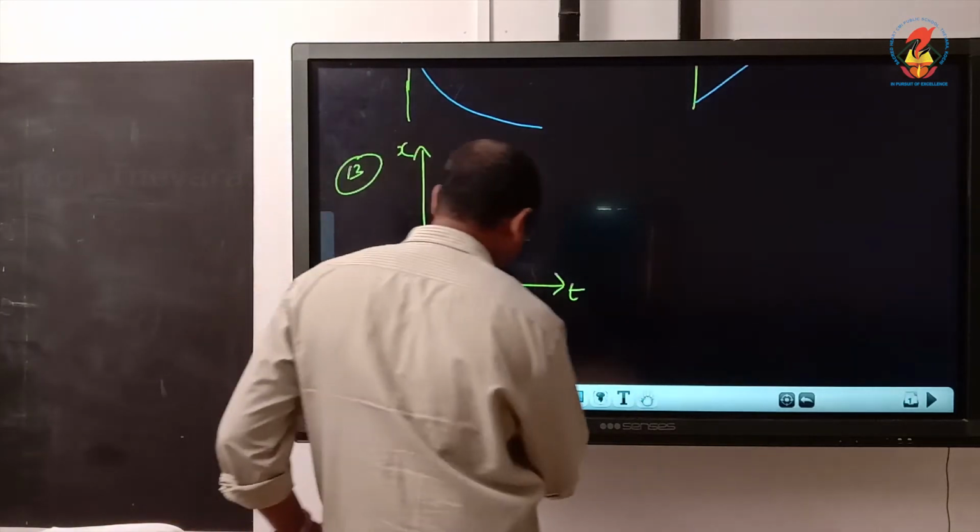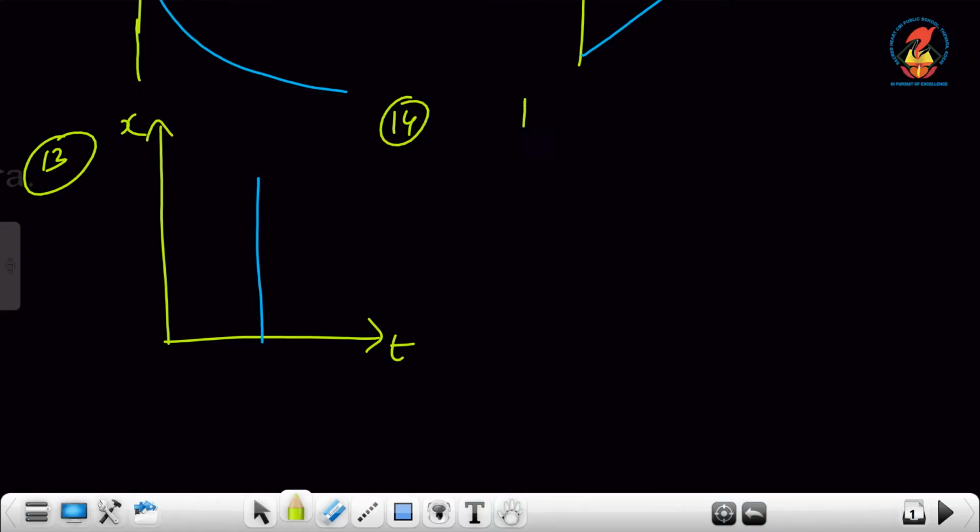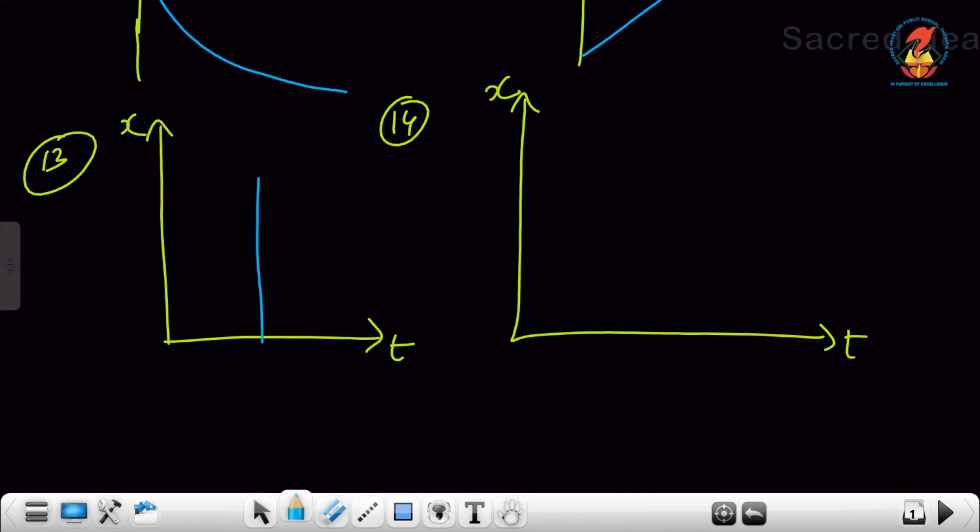Now the last graph. I just draw a shape like this.